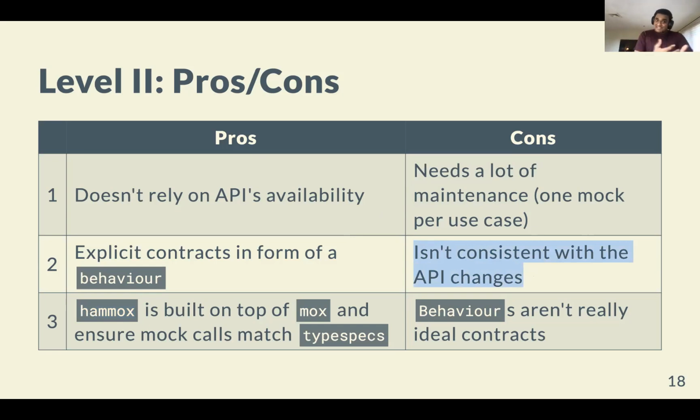So your test will pass even though production will break, right? And I don't think behaviors are great for contracts because you don't even get a compilation error in Elixir. So I think we need a stronger way to enforce contracts than just mocks. I still think it's a step above just doing real-time tests.